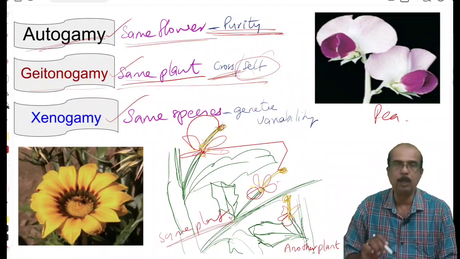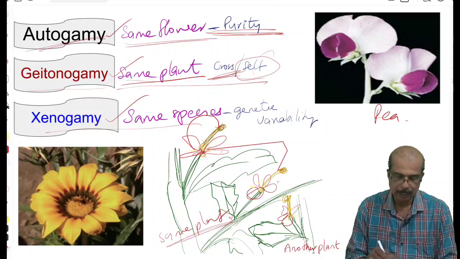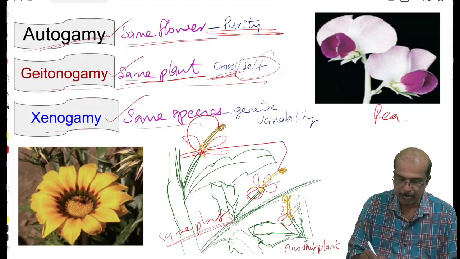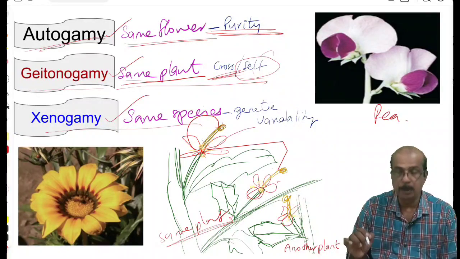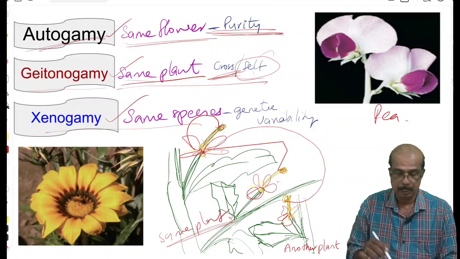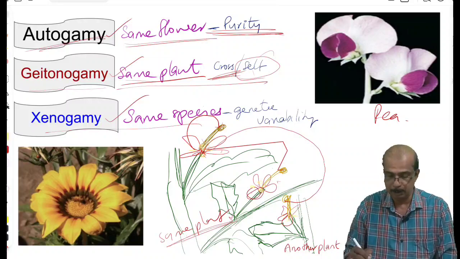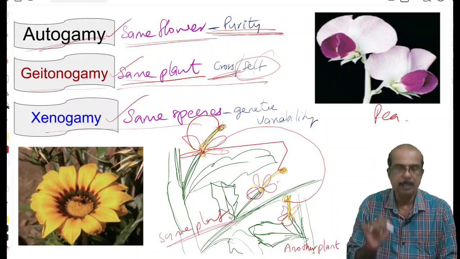Then the third one, xenogamy. Here the pollen grains are transferred from the anther to the stigma of another flower of a different plant, but the two plants belong to the same species.